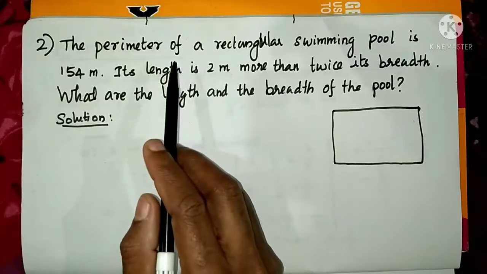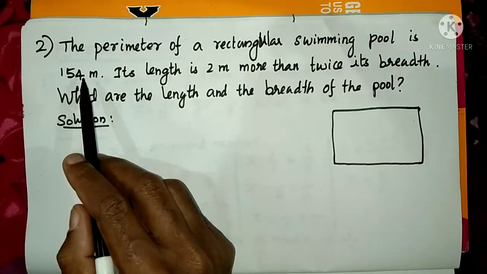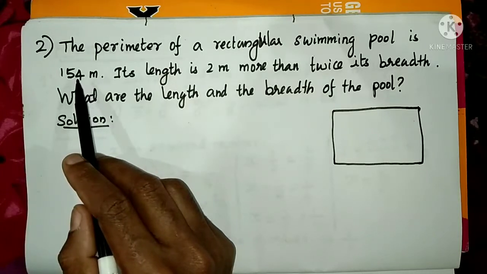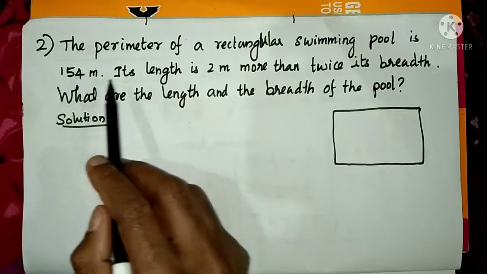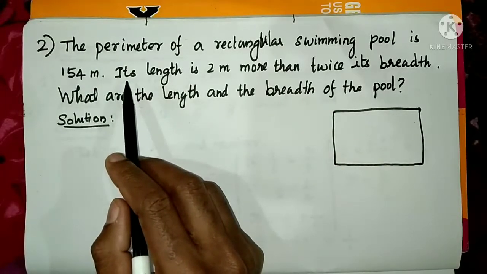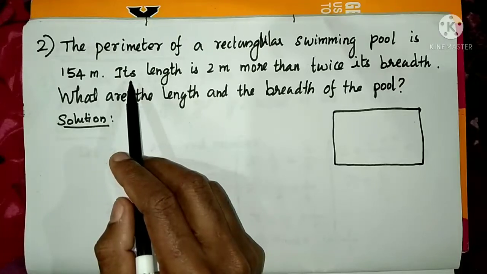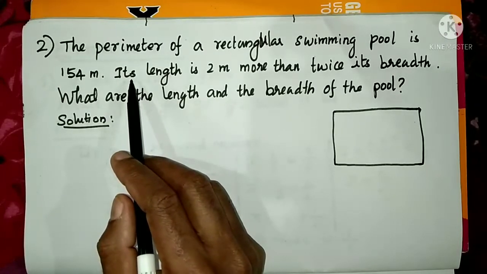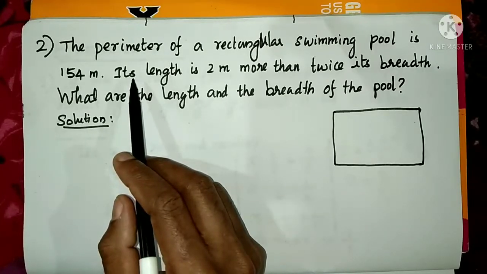Here we have been given the perimeter of a rectangle, that is 154 meters, and another sentence is talking about its length and breadth. It says that its length is 2 meters more than twice its breadth.